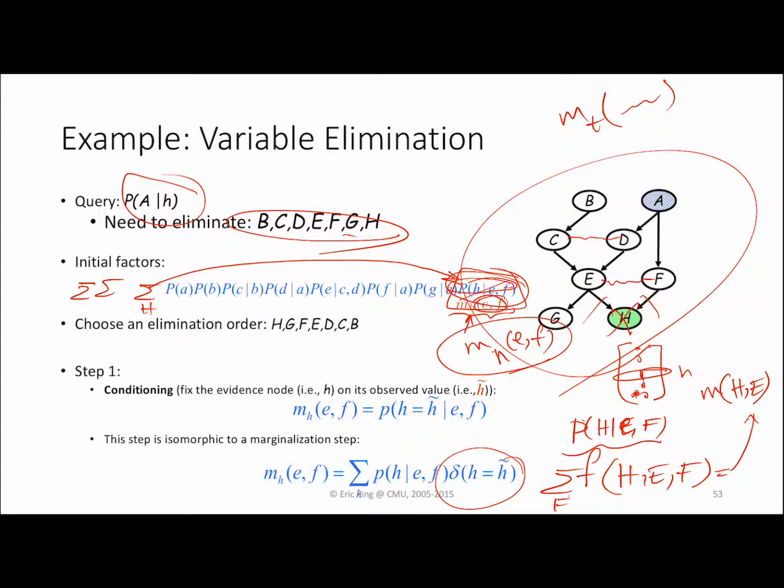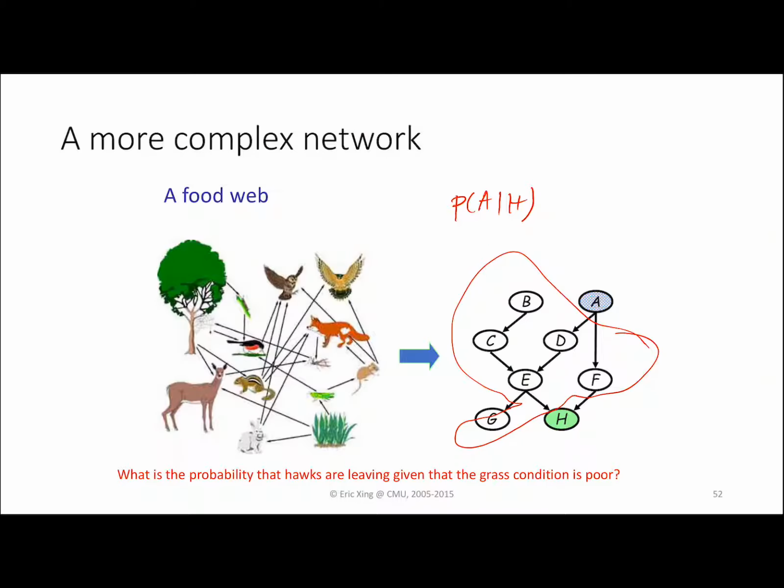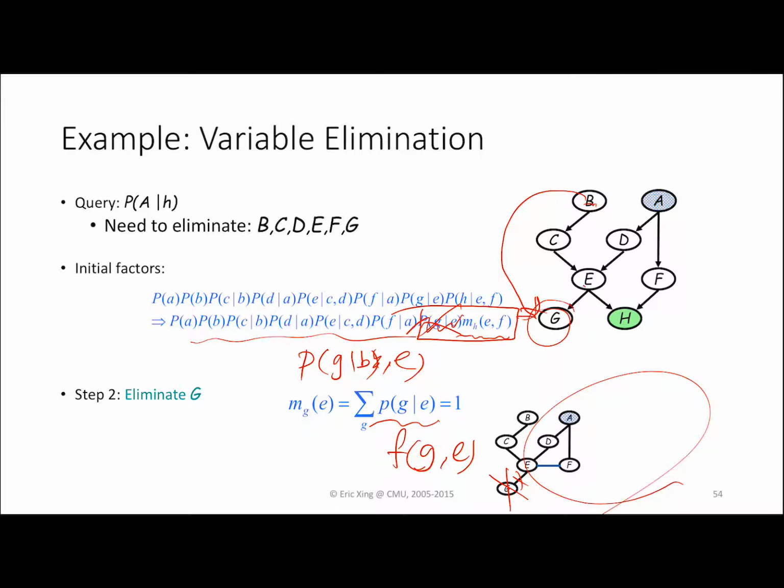And if they are not connected in the graph, you have to connect them, because when you're eliminating them, you have to account for the things that are introduced. So the difference here is that when I'm eliminating G, it's only dependent on E, so the only term that I have is a function of G and E. If I'm summing over G, the new resulting term is only a function of E, and it doesn't introduce E with somebody else.